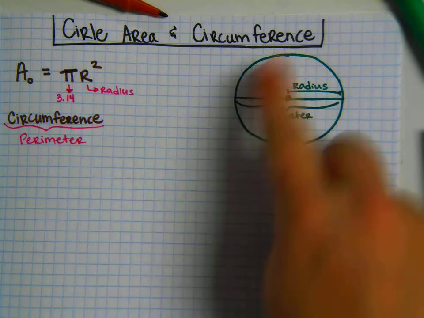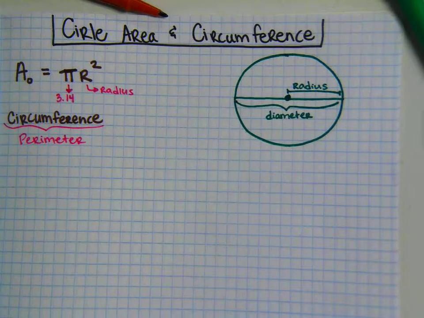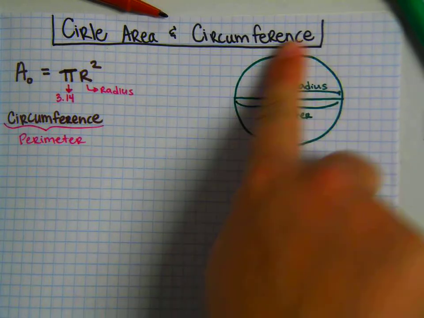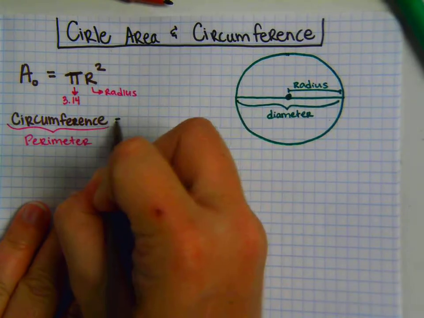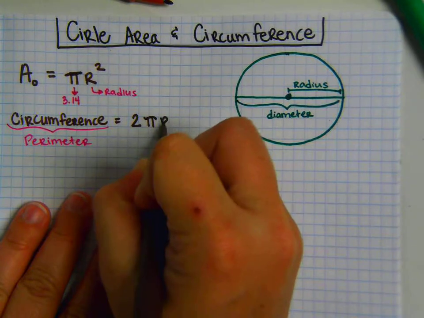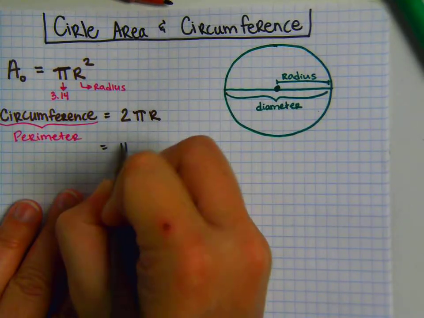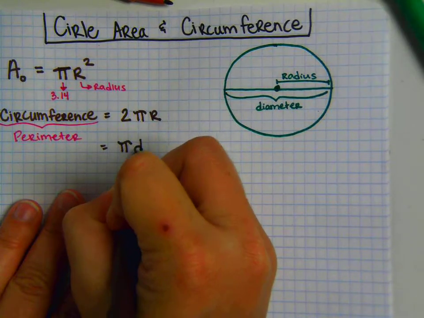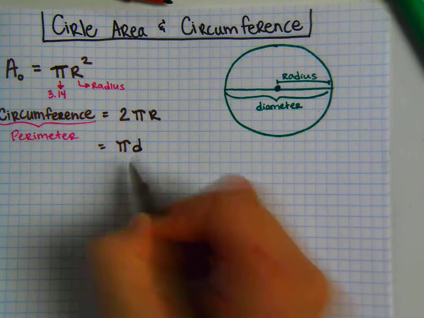So the circumference, we're trying to measure all the way around the circle, just like perimeter when we were working with polygons. But now since it's a circle, it's a special word. It's called circumference. And circumference is 2 pi r. Or you could also write that as pi d, because 2 radii equal a diameter.